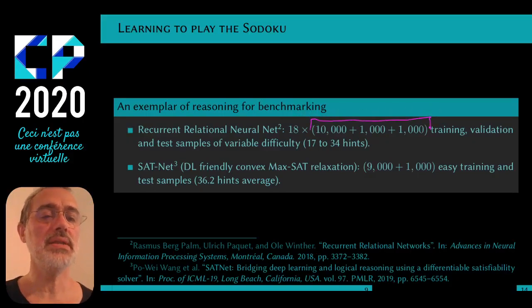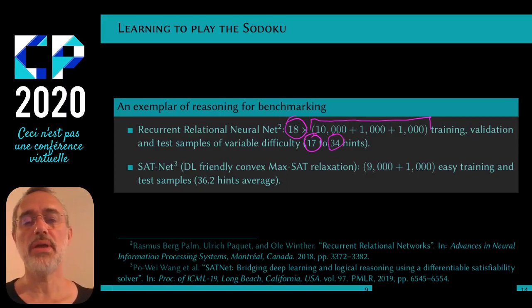It's a large one, and it's split into 18 slices of decreasing difficulty. Problems with only 17 pre-assigned cells, or ints, in the grid are very hard for human beings to solve, and up to 34 pre-assigned cells, which define simpler problems.